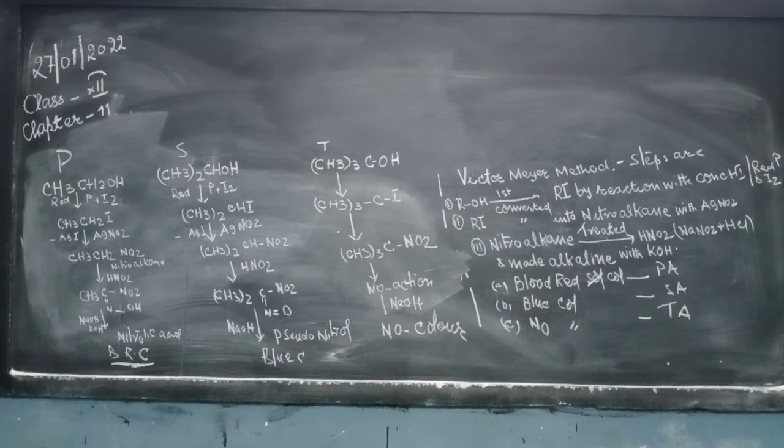Students, now we are discussing secondary alcohol. (CH3)2CHOH. The CHOH indicates the alcohol is a secondary one. In this also, our first step is to convert it into alkyl iodide.